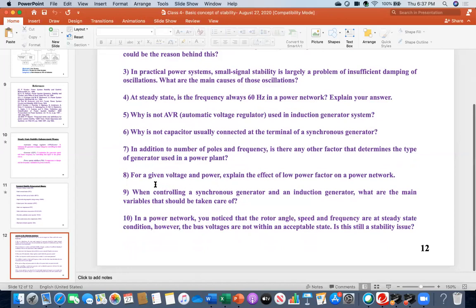Now please look at question number 8 and try to answer. For a given voltage and power, what is the impact of low power factor on a power network? Is there any issue of low power factor on the power network, provided that your voltage and power are constant?